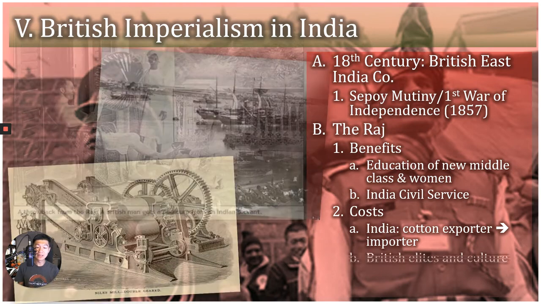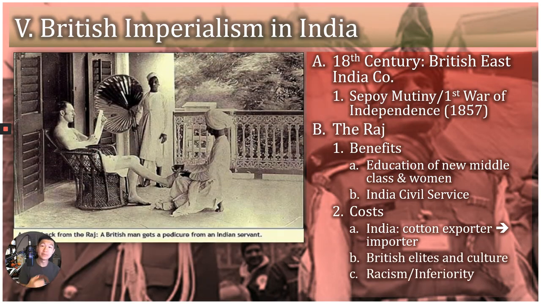Furthermore, there is the social cost as well. The British are going to see themselves as the local elites, and it's their culture that they're going to attempt to implement at all costs. And so for Indians, no matter how much they grow, no matter how educated they are, many of them are going to go to places like Oxford and Cambridge in Britain for their education, and because of the notion that they are considered inferior, and the racial identity does not match the British, they're always going to see themselves as second-class citizens in their own homelands, to the British.